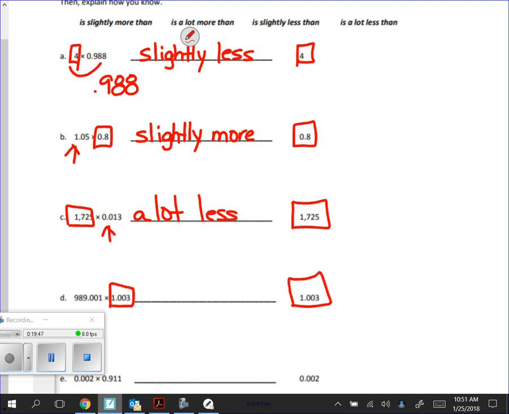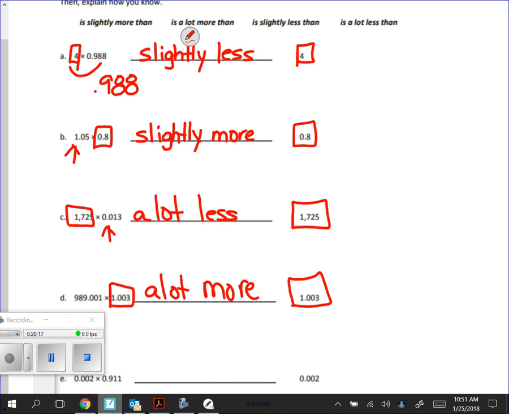You're comparing it to 1 and 3 thousandths. We're multiplying it by 989 and 1,000. That's way more than 1. Way more. So it's going to be a lot more. It's going from 1 to 989.